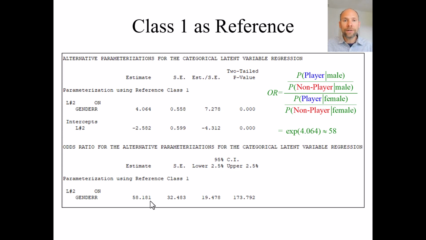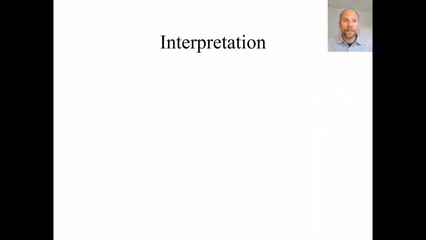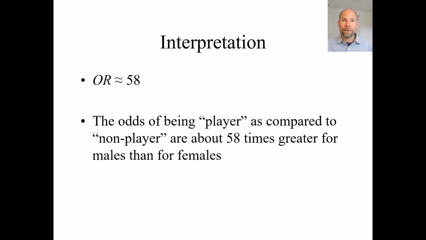Now, how exactly do we interpret the odds ratio? The odds ratio we saw that way is 58 with the non-player class as reference, and that's very interpretable. We can interpret that as saying the odds of being player as compared to being non-player are about 58 times greater for males than for females.